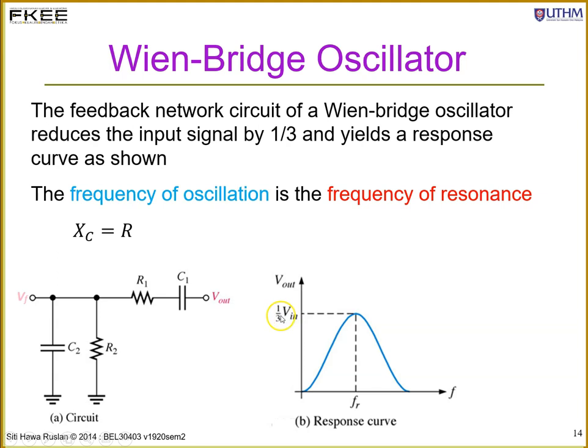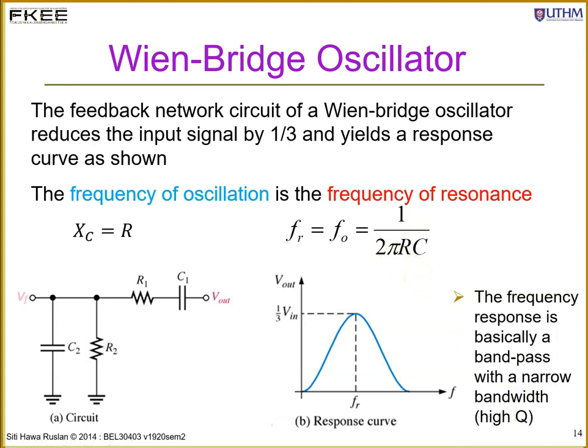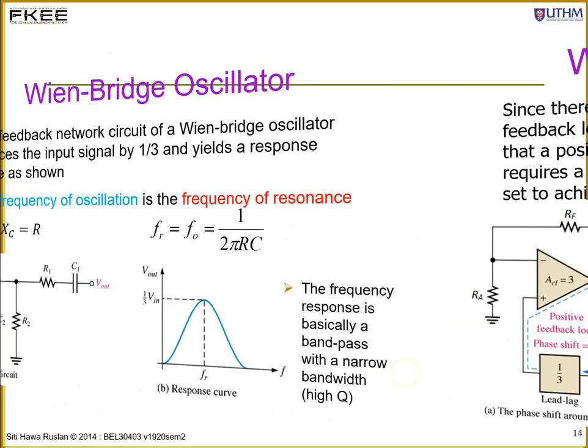Your Vout will be 1/3 of your Vin, because the feedback network is an attenuator, and then it will decrease with increasing frequency. The frequency of oscillation, which is also the frequency of resonance, is 1 over 2 pi RC, and the frequency response is actually a band pass with a narrow bandwidth and a high Q. Okay, so this is the frequency response.